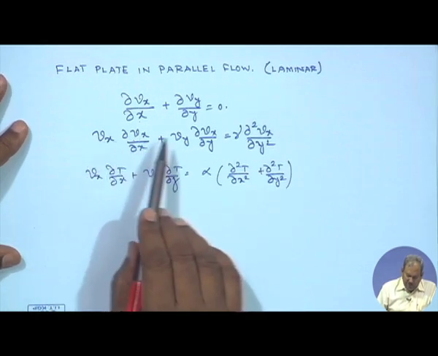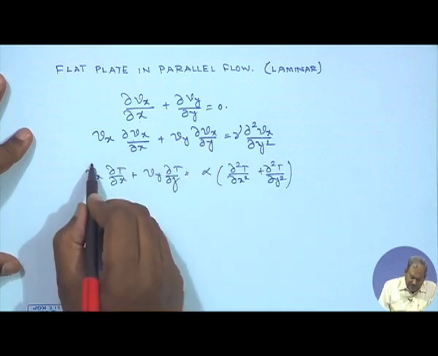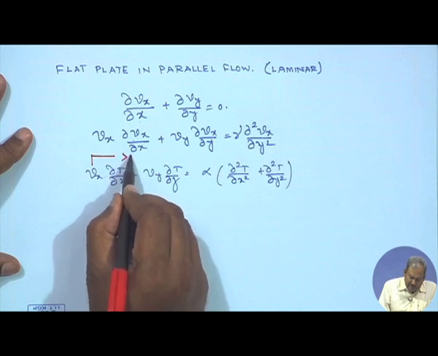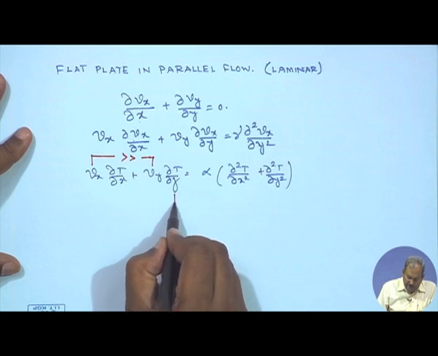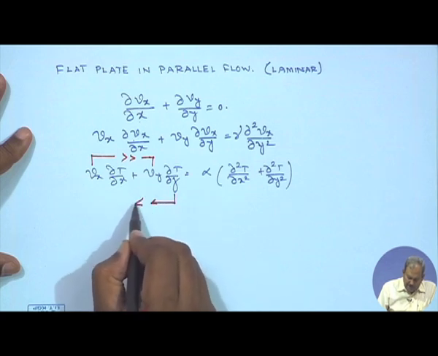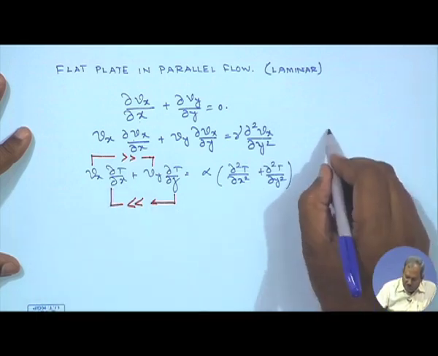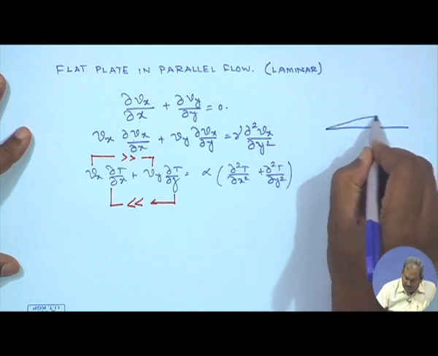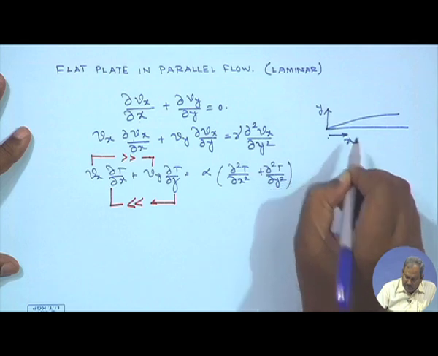The same way we have decided about the importance of each of these terms, here we see that Vx is very large compared to Vy. However, del T del y is large compared to del T del x. You have this over here, this is my y and this is the x.